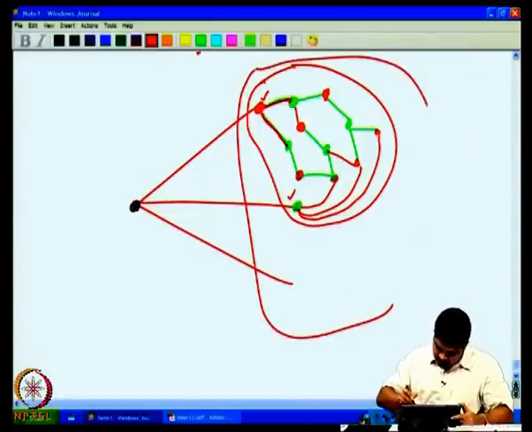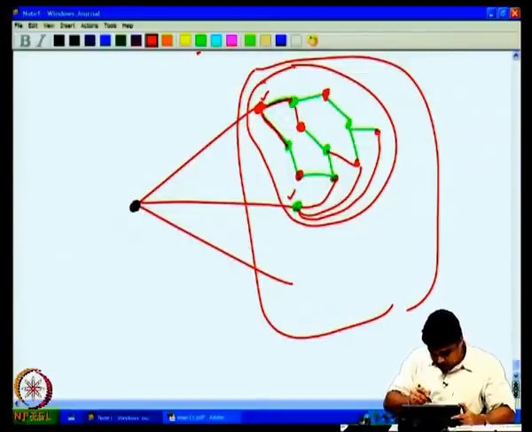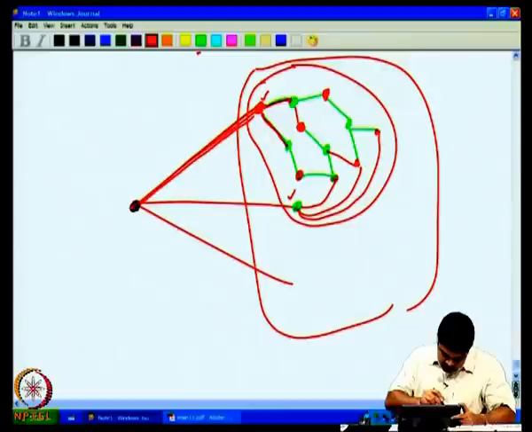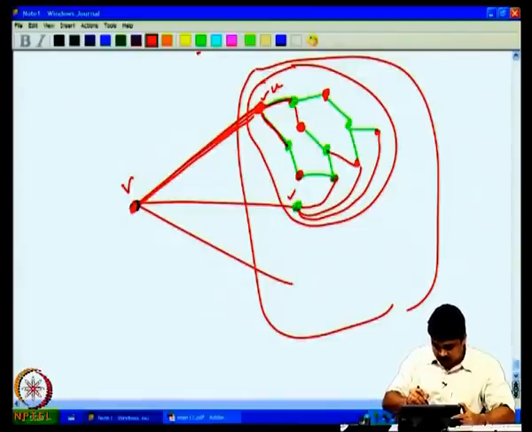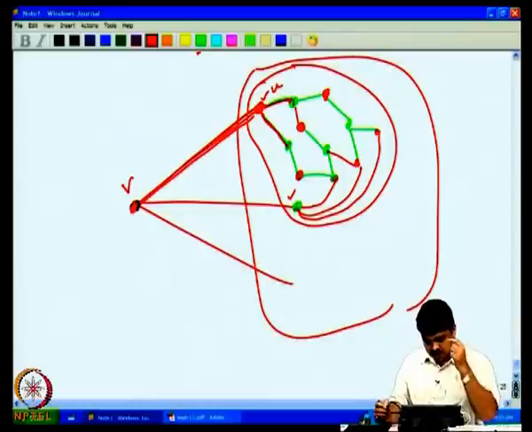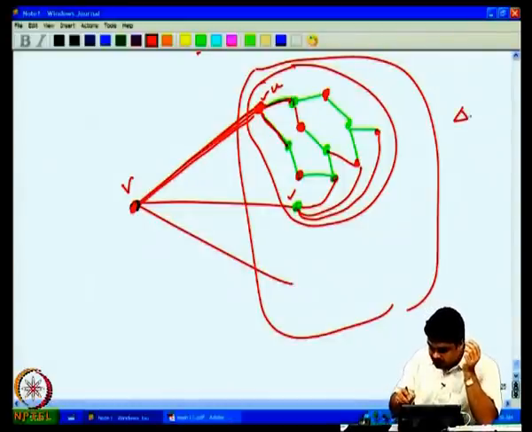Its maximum degree is delta only, and one edge is towards this outside vertex, this v, right? So this u can only have at most delta minus 1 neighbors here, and if two of them have the same color, only delta minus 2 colors will be used in its neighborhood.